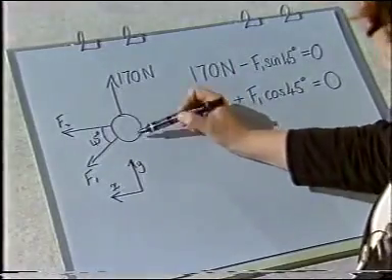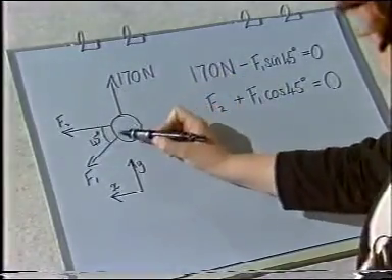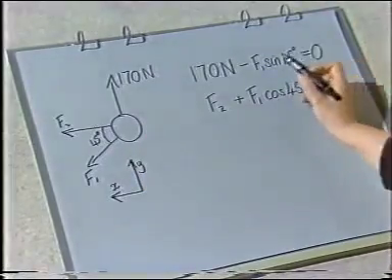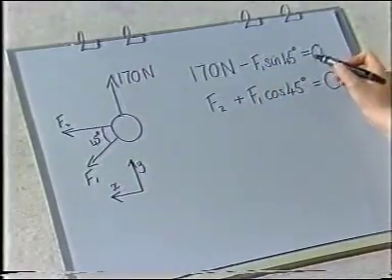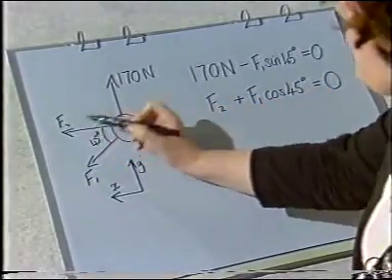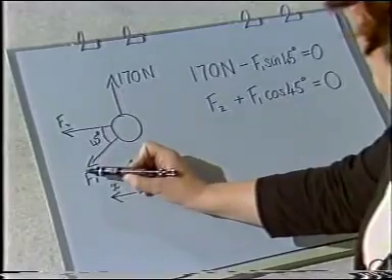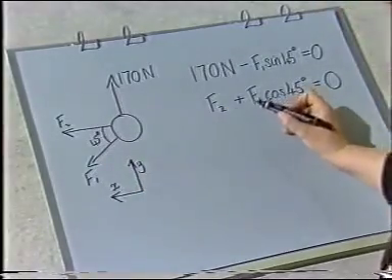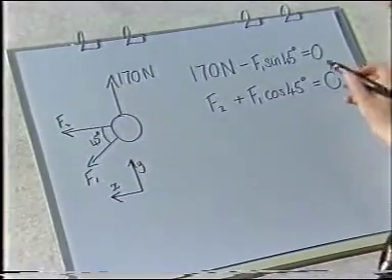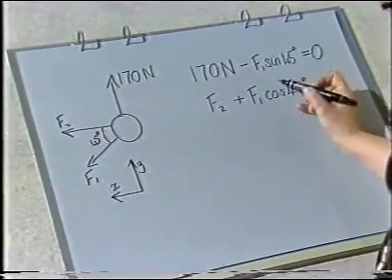Well, vertical equilibrium relates this force to the resolved part of that force, F1 sin 45, and the sum of those is equal to 0. Horizontal equilibrium relates F2 to the horizontal part of F1, which is F1 cos 45, and that too is equal to 0. I can quite easily solve these equations.